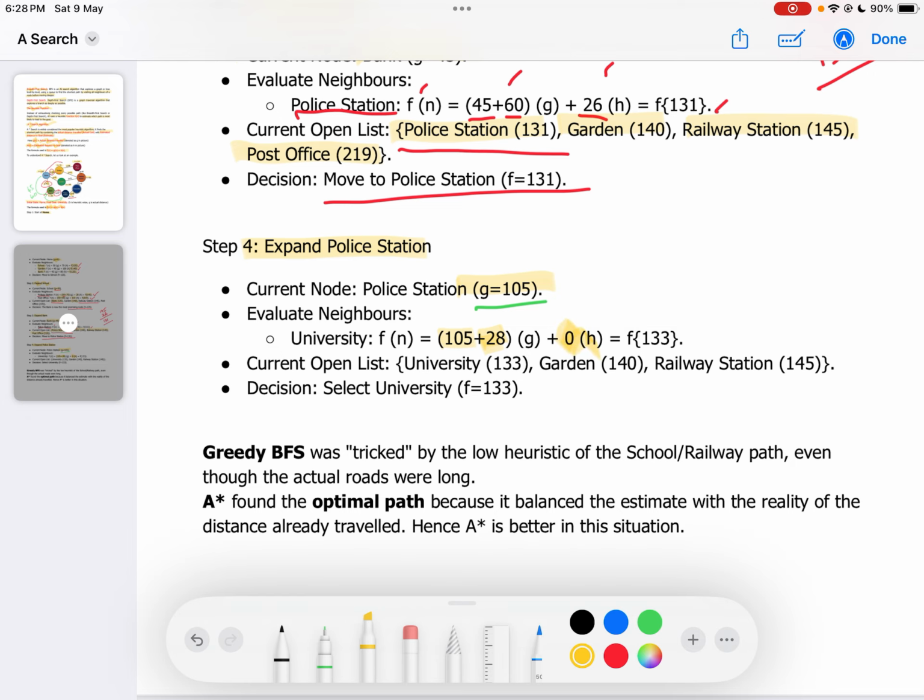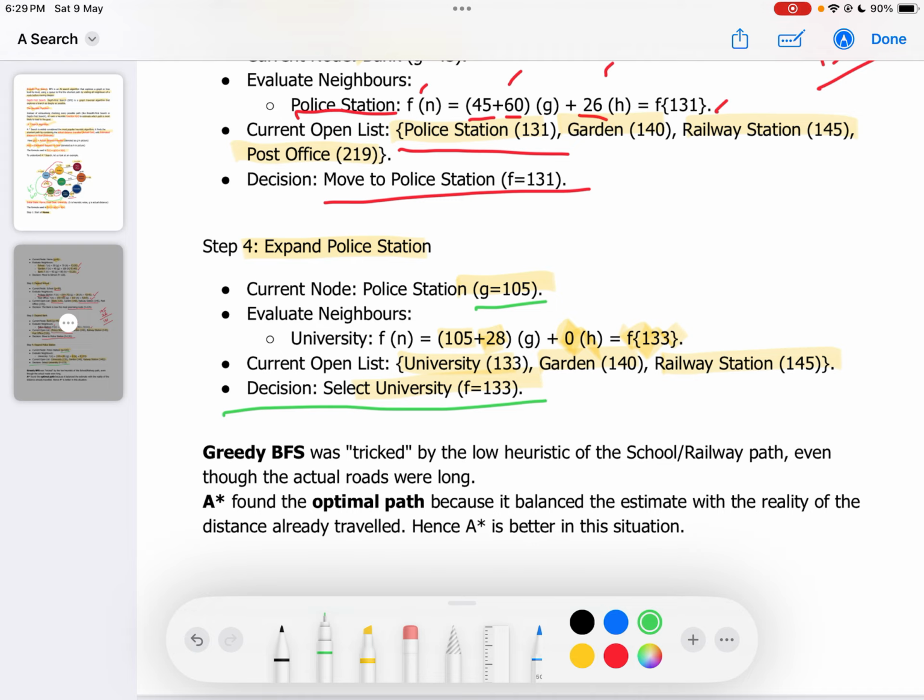There is no heuristic value there. So what do we get? 133. So in the open list, we have university 133, garden 140, railway station. Select university. And we have arrived at the destination.